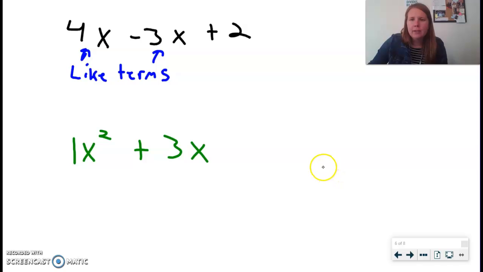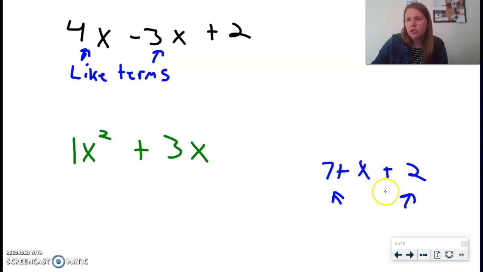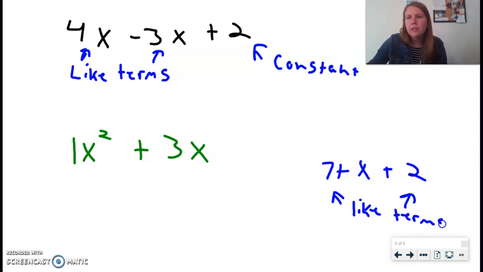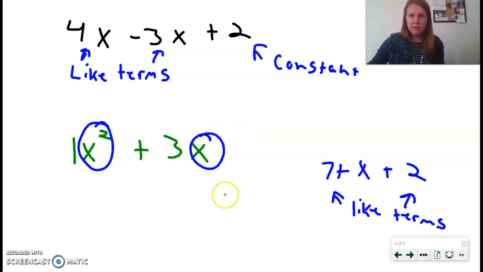Something else, I could write another example. Okay, maybe right side. All right, in this case, your constants, your 7 and your 2, okay, I'm going to also write this constant, are your like terms. So those are things that can combine. The other thing, though, to think about is that if you have an x squared and an x, are those like terms?